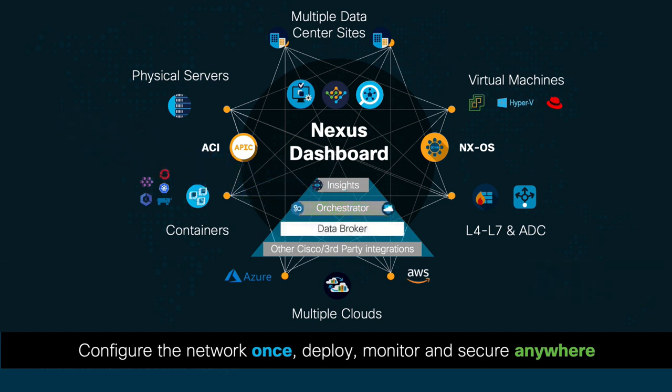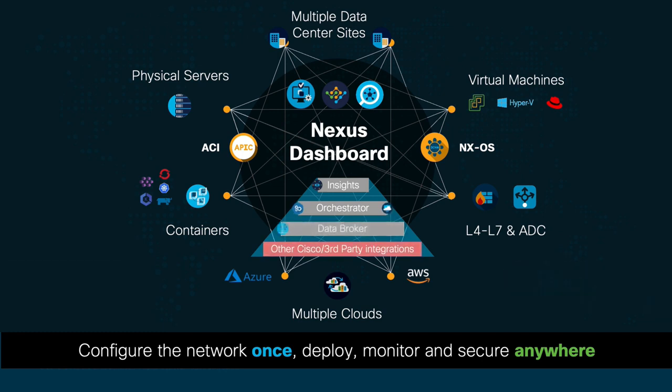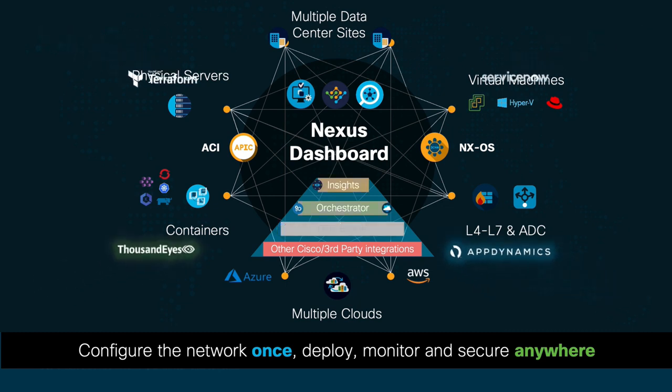Or Data Broker, which automates TAP and SPAN aggregation for scalable monitoring solutions. In addition, Nexus Dashboard can integrate with multiple Cisco and non-Cisco products such as AppDynamics, ServiceNow, Terraform, and VMware, to name a few, delivering a consolidated operational model that can be normalized across clouds.